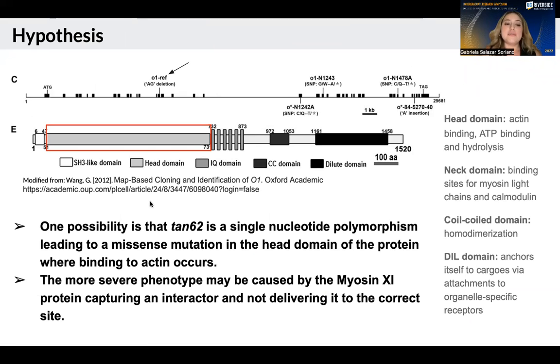And so one possibility that we've come up with for why the Tangled 62 mutants have the more severe phenotype is that there's a single nucleotide polymorphism, or a SNP, that's leading to a missense mutation in the head domain of the protein. The head domain of the protein is a site where binding to actin occurs, and this more severe phenotype may be causing the myosin 11 protein to capture an interactor and not deliver it to the correct site.